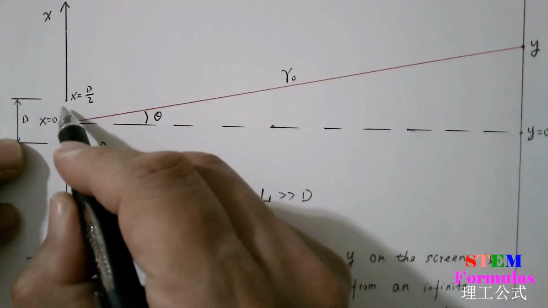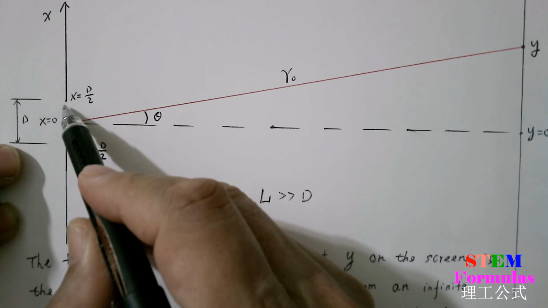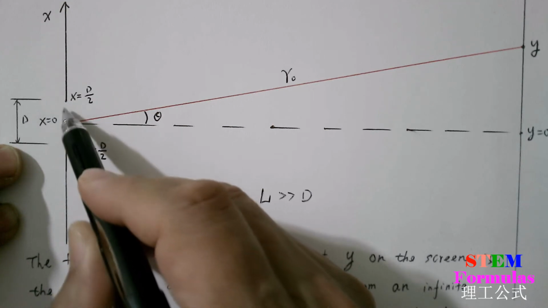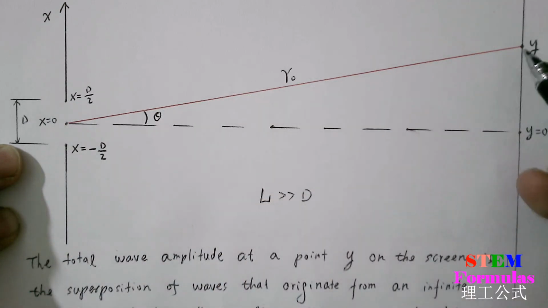So we treat the slit as an infinite number of light sources, and every light source radiates a light wave.